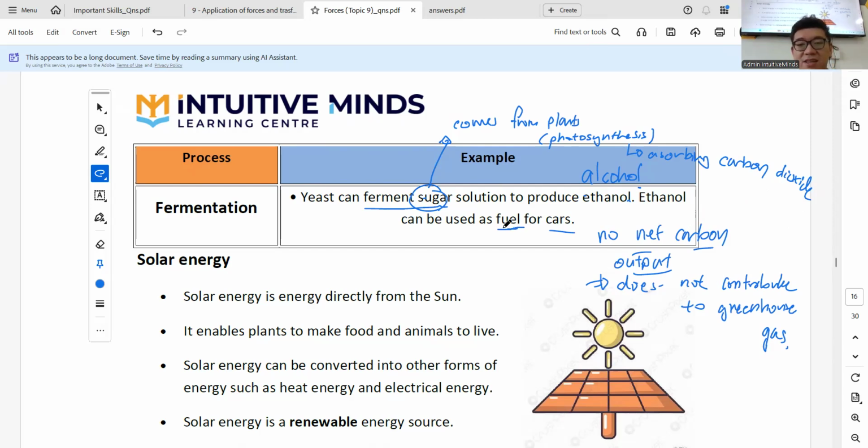Now, inside the car, when you're burning combustion, you produce carbon dioxide. Now, whatever you produce, right, is based on the carbon dioxide they absorb, mah? So because of that, right, there's no net carbon output. Whatever carbon produced equal to whatever carbon absorbed.